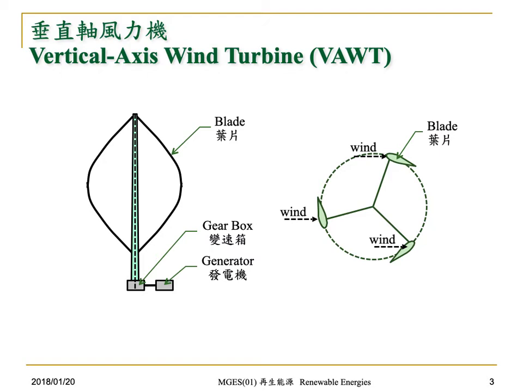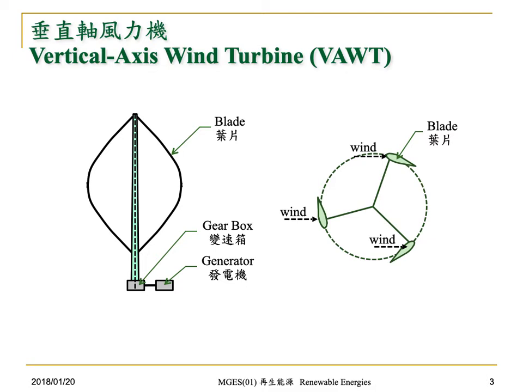But the disadvantage is that because some blades move against the wind, they cancel out some of the mechanical energy. So the energy conversion efficiency of this type of wind turbine is relatively low, but the mechanism is much simpler. It has a blade and a generator.